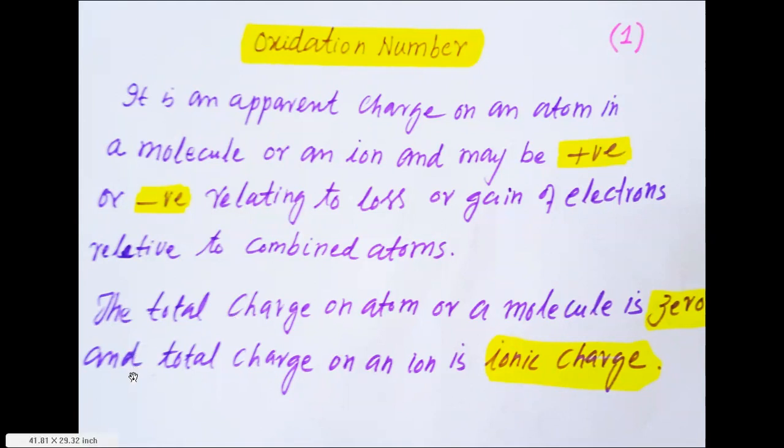And if we have an ion, negative or positive, and we want to determine the oxidation number of an atom of an element, then the total charge on the ion would be considered as its ionic charge and would be taken as the total charge to calculate the oxidation number of the elements in that ion.